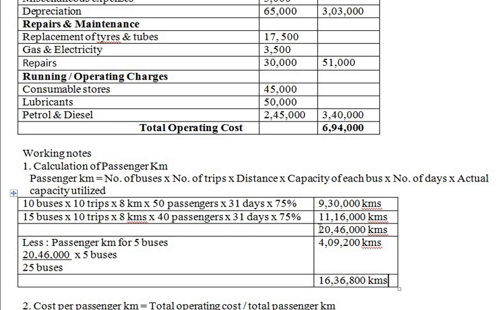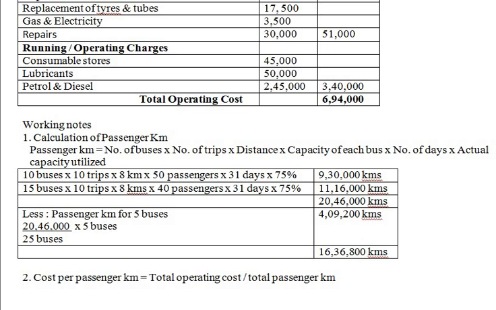Total of these two, that is 10 buses and 15 buses, is 20,46,000 passenger kilometer. As 5 buses are kept aside from the transportation business every day, we have to deduct passenger kilometer of 5 buses. So 20,46,000 divided by 25 buses into 5 buses. So total passenger kilometer is 16,36,800.